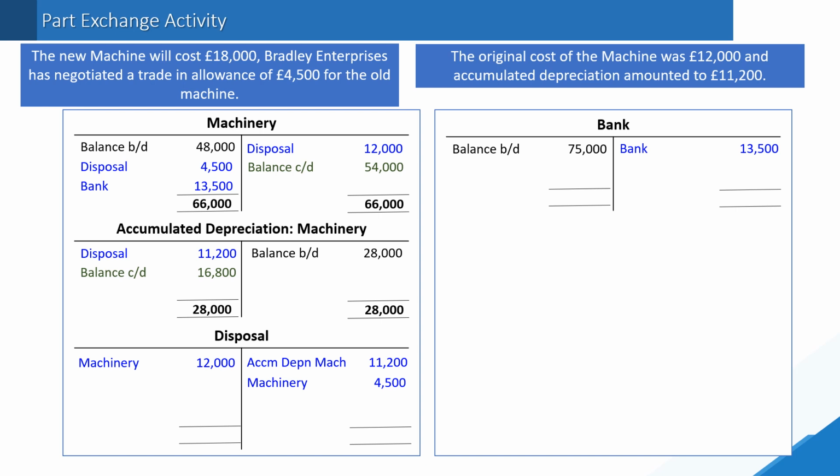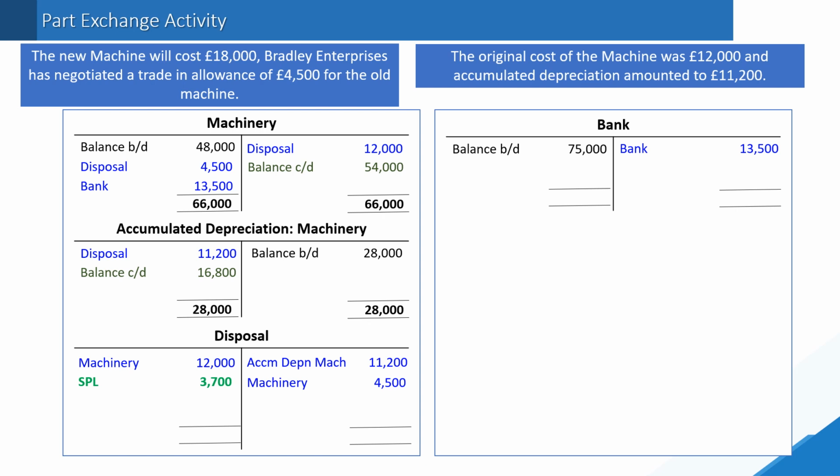Perfect. Thank you for your contribution. It certainly is a profit. And that's quite unique for this presentation because so far we've been inundated with losses. But what this means is at the point that the asset was disposed of, we thought the asset was worth less than actually the part exchange allowance.